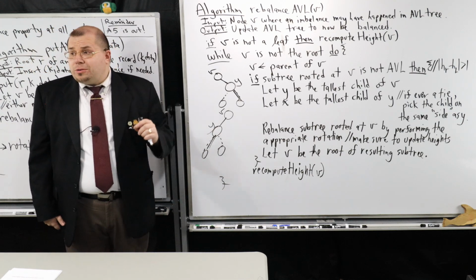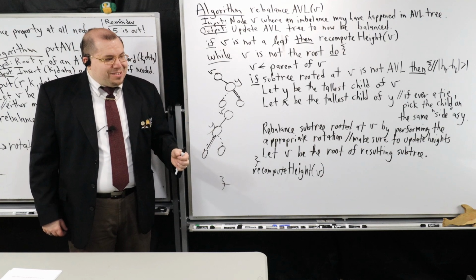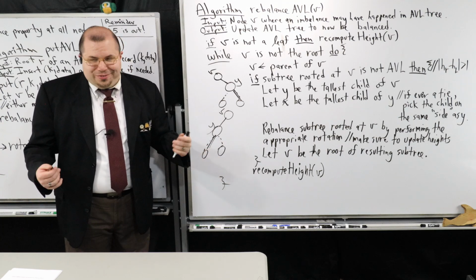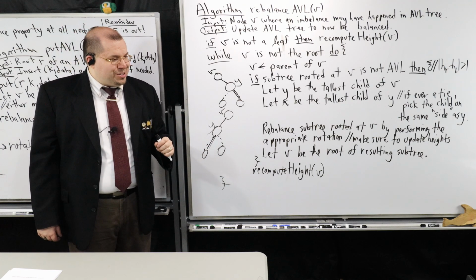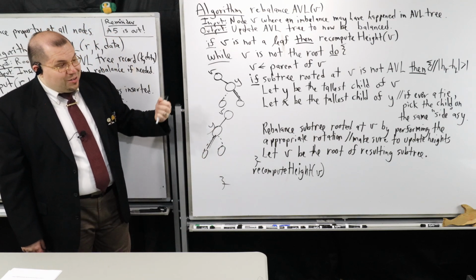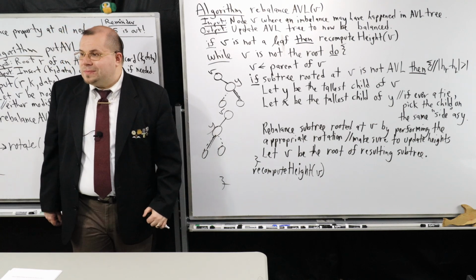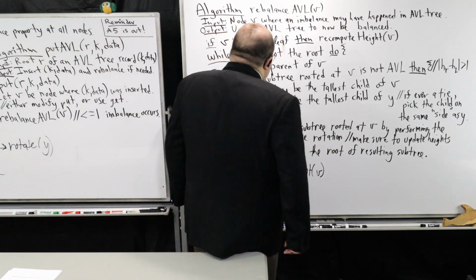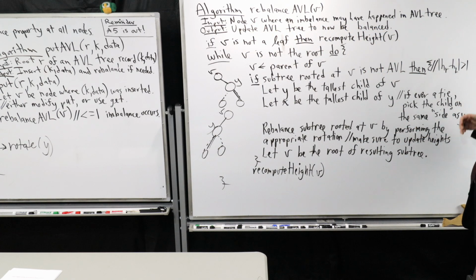So it's a single rotation, which, if you remember what a single rotation is, it's just one rotate operation, right? Versus the double rotation, which does two rotate operations. So if you're thinking about this from a performance standpoint, you want to do more single rotations as opposed to double ones if possible. So that's why I am suggesting, if ever there's a tie, pick the child on the same side.